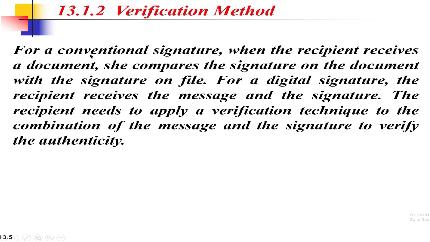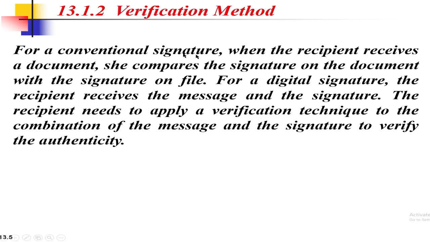Suppose you want to withdraw money from your account, then the bank employee will ask you to give your signature so that he can verify it with the previously saved signature. Only after verification will he allow you to withdraw the money. He wants to make sure that you are the real account holder. So your signature is used to authenticate you as the real account holder. This is an example of a conventional signature.